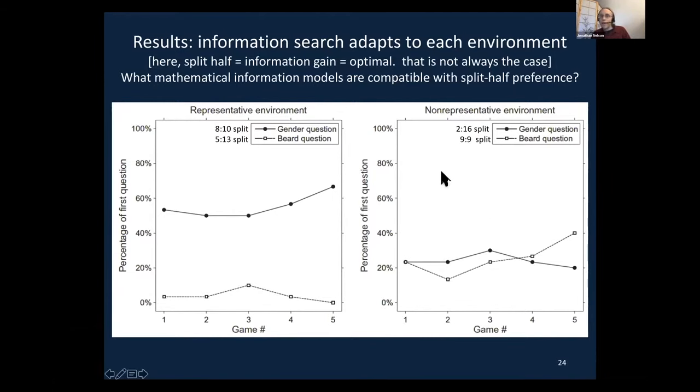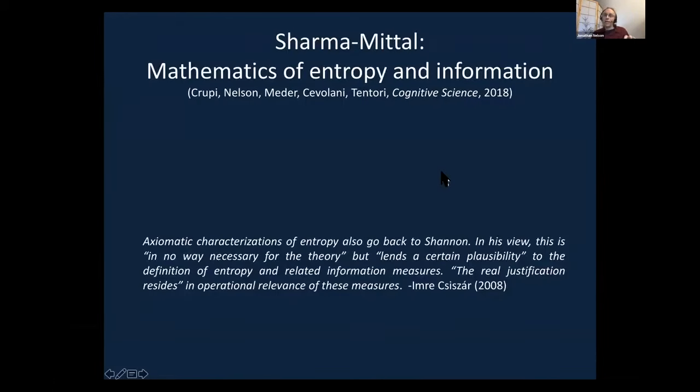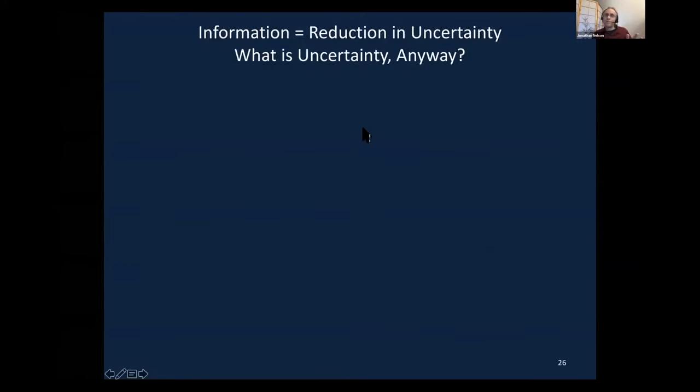So right now I'm going to ask what kind of information model is compatible with this preference for a split-halfy question. And the models I'm talking about are from this paper. Vincenzo Crupi was the first author, in cognitive science. I'm not going to go through the math in any detail, but the paper is there today. I'm just going to give some highlights.